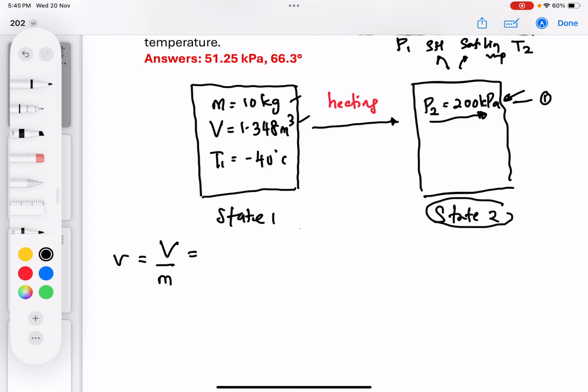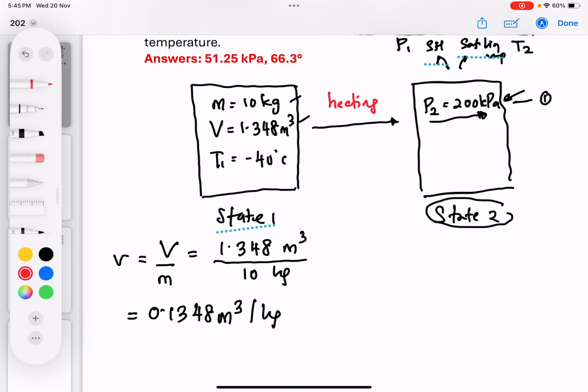I have a volume of 1.348 meter to the power of 3 divided by a mass of 10 kilograms. Then I can calculate the specific volume, which is 0.1348 meter to the power of 3 per kg.